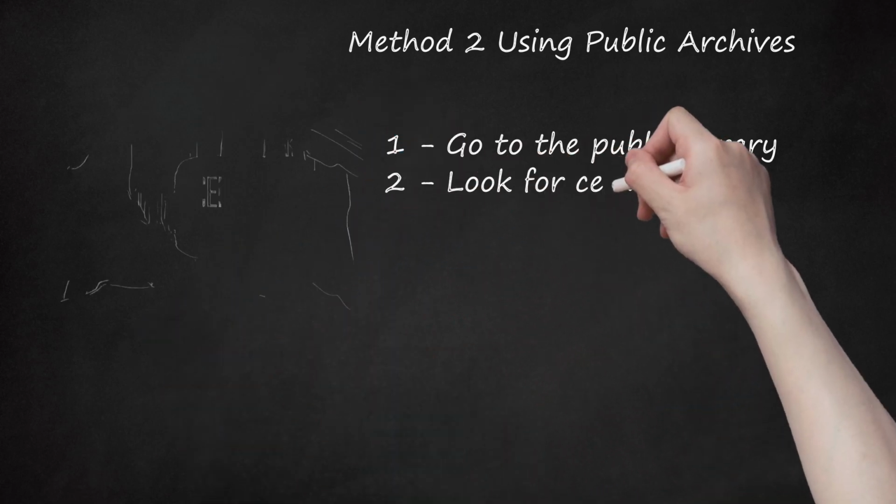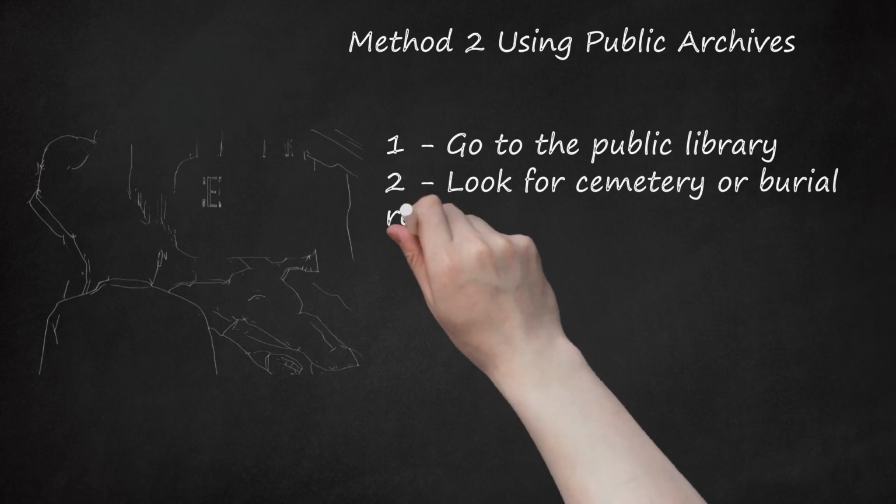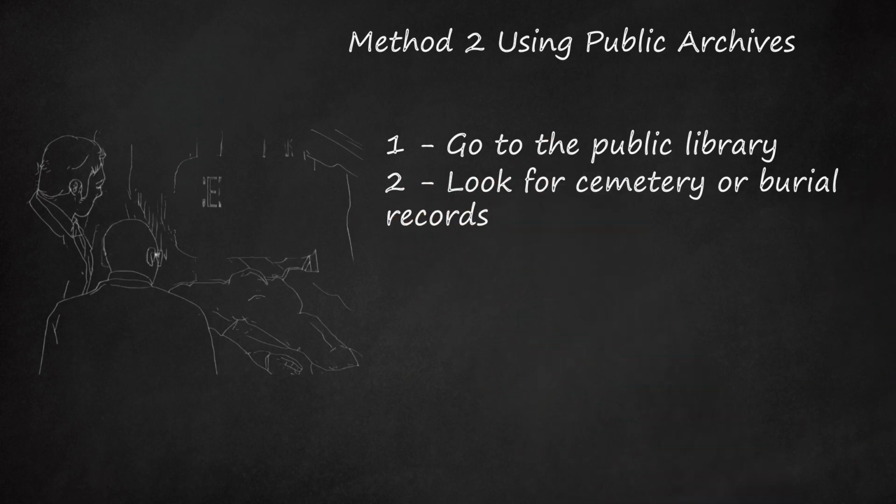2. Look for cemetery or burial records. If you know where the person was buried, you may be able to find a listing in the cemetery's records that provides more information about the person's death. Cemetery records typically catalog everyone buried there, since gravestones can become weathered and illegible over time.